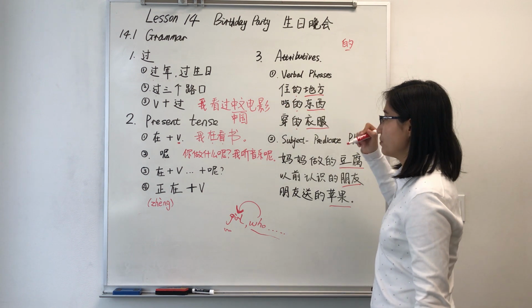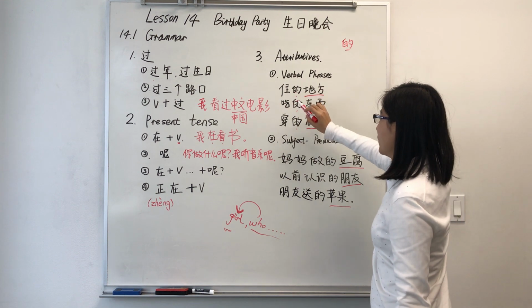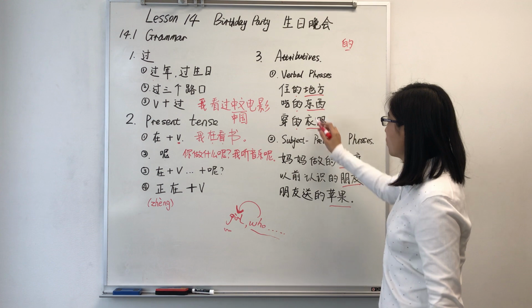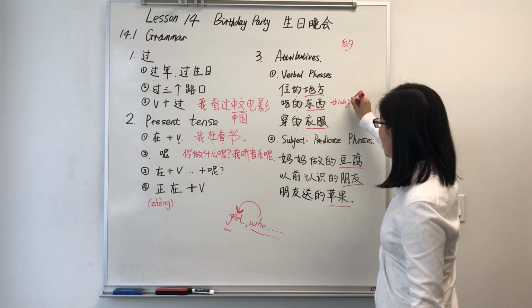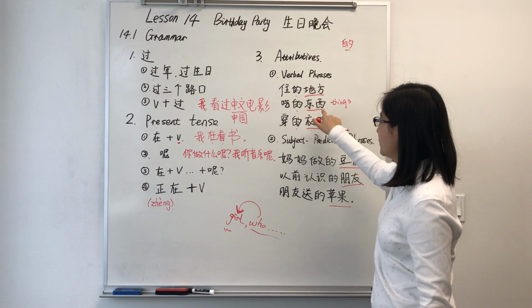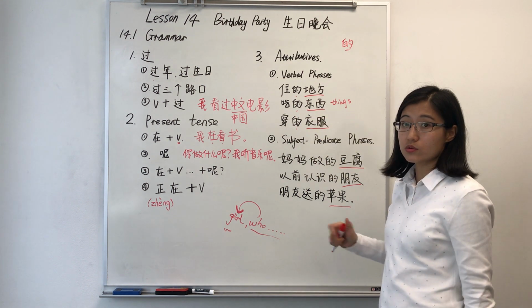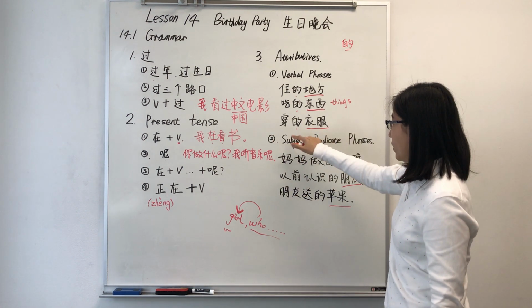I should say, interpret it in English as where I'm living. 住的地方. 吃的东西, 东西 means things, things you can eat. 穿的衣服, 衣服 means clothes, 穿 means wear, the clothes you can wear.